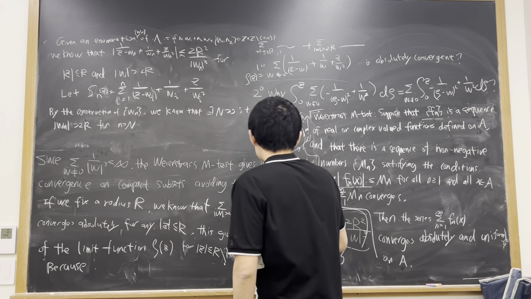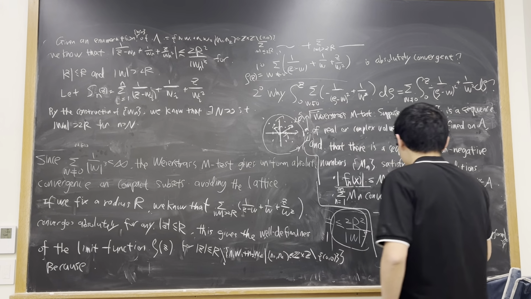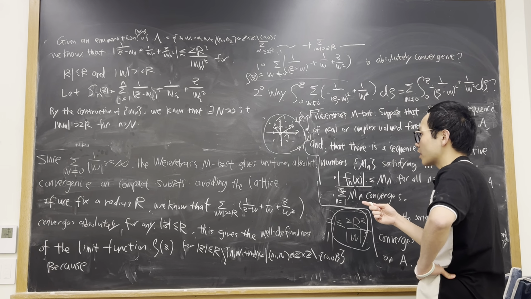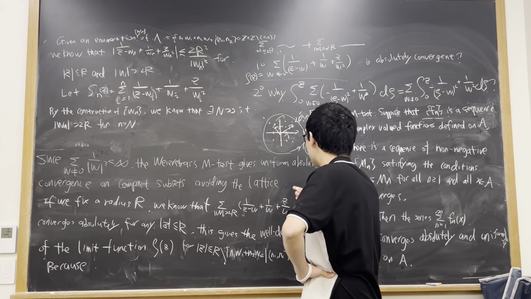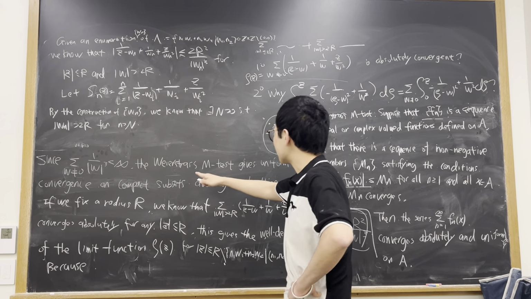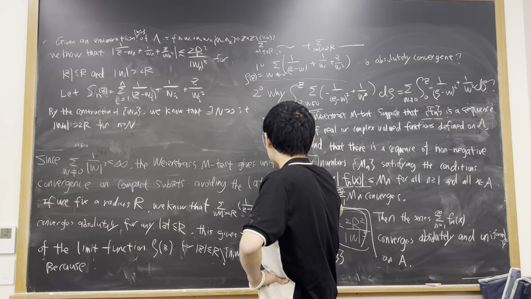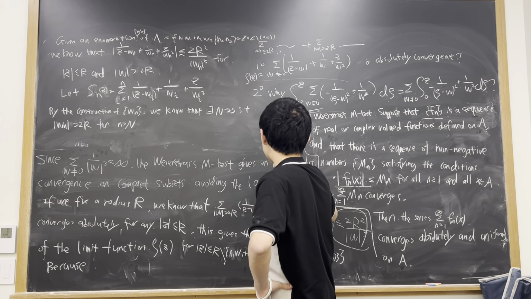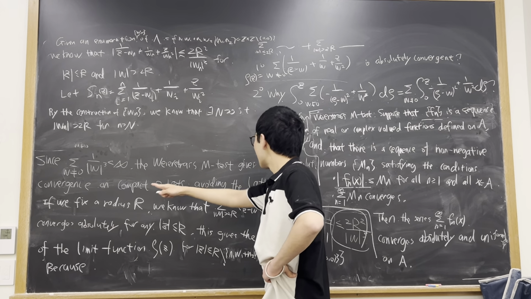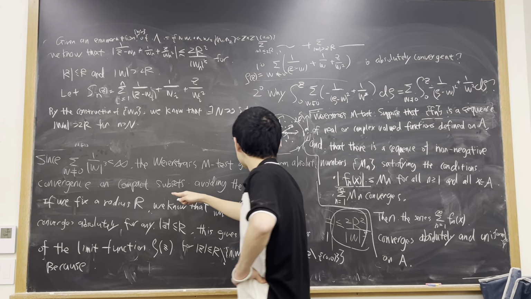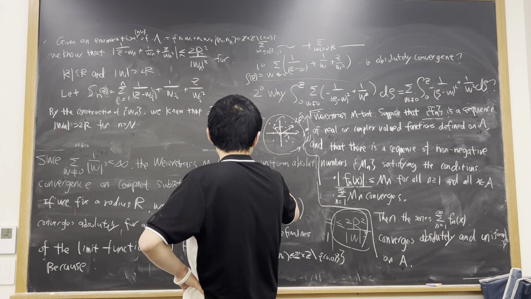So what we want to do is that, in order to show the convergence, we want to construct a compact subset, right? Because we want to show that this sequence converges uniformly.